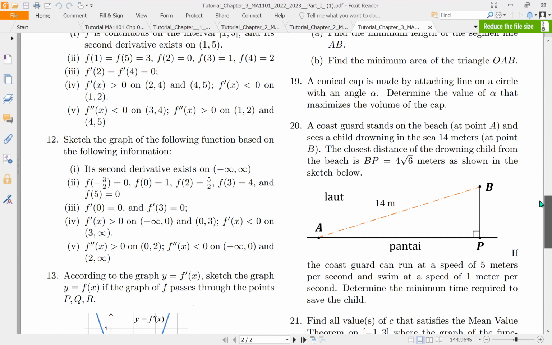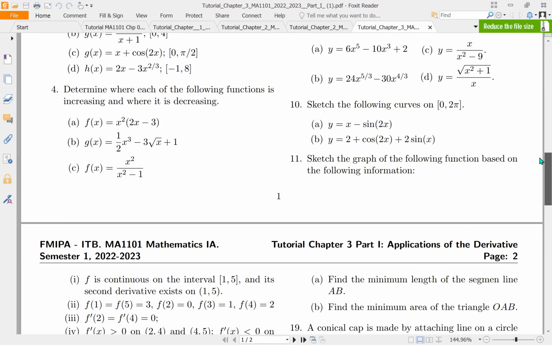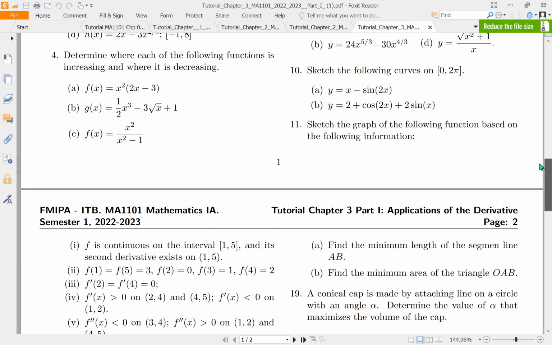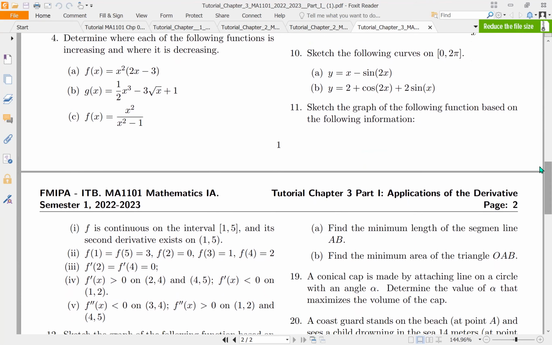Although the question is about sketching the graph, maybe a similar question about the graph of the function is given, but we do not have the formula for the function. We have the property of the value of the function, the value of its derivative, its sign of the derivative. Then the question is whether we have to compare the value of the function at a certain point, whether it's greater or equal or less than or equal, for example.